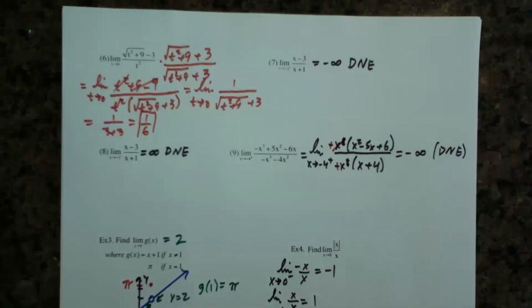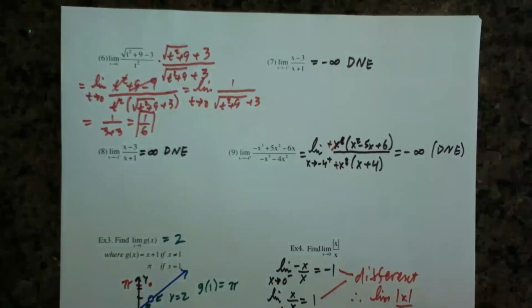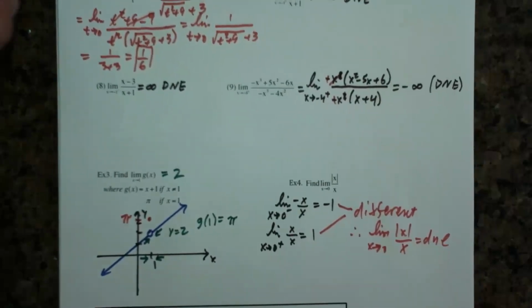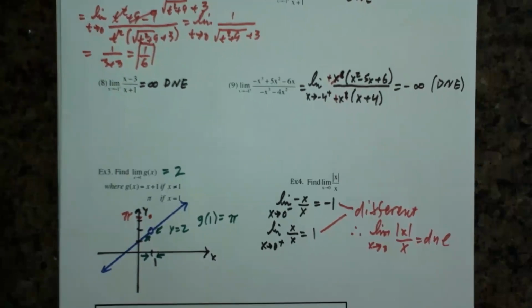The limit from the 2 different directions are different. Therefore, the limit as x approaches 0 of absolute value of x over x does not exist. It can't exist because we're arriving at 2 different values.